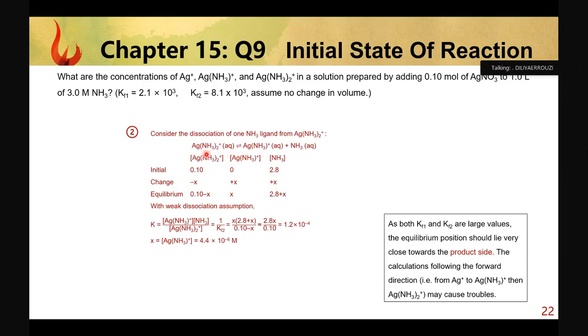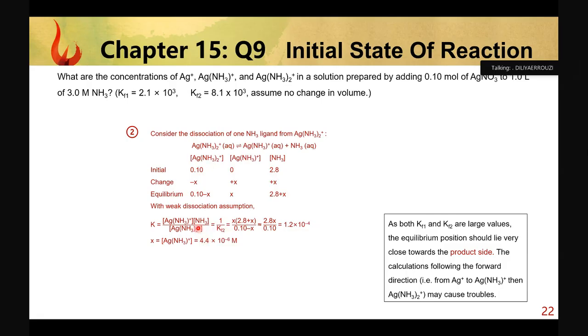The first dissociation will lose 1 ammonia from this ion. We know the initial ion, and the change will lose 1 of this to produce 1 of this and 1 of this. So we bring this all into the K value.